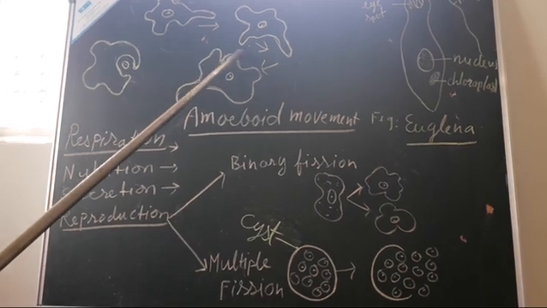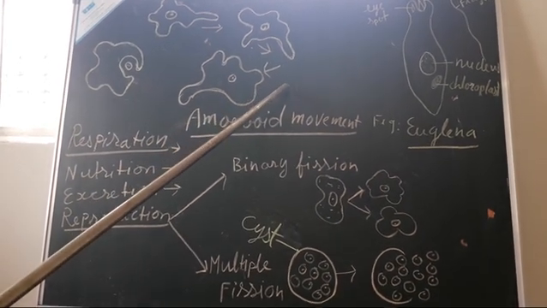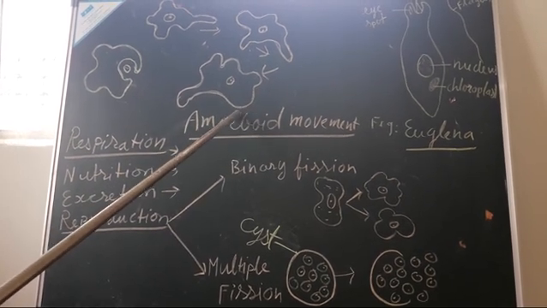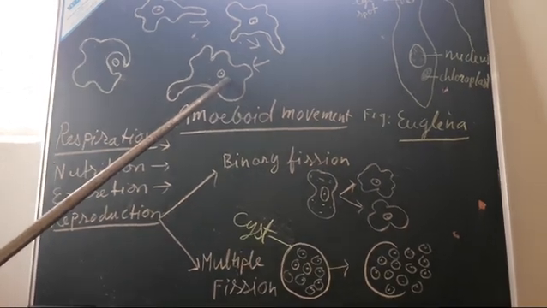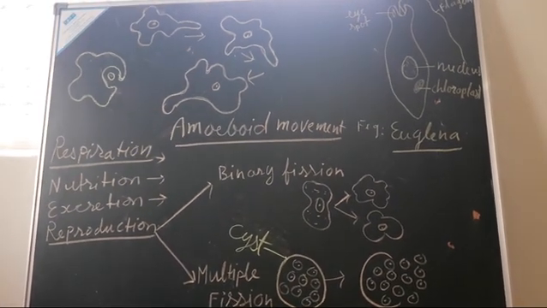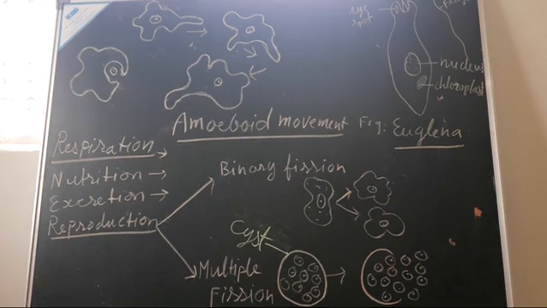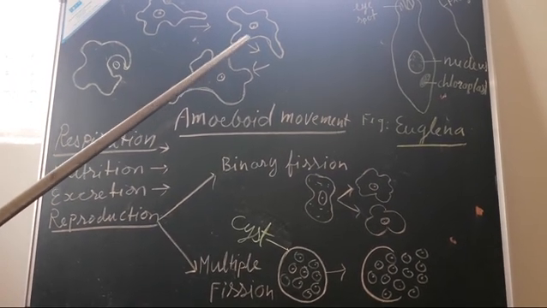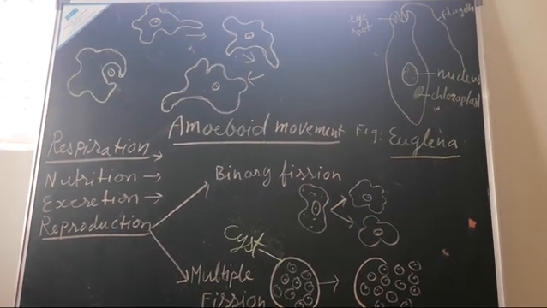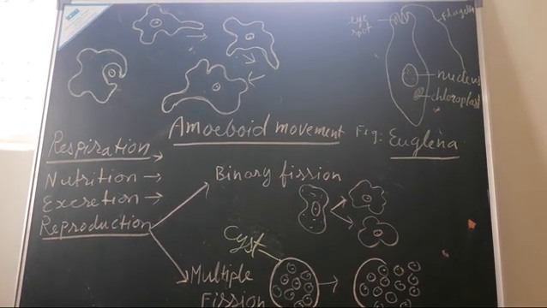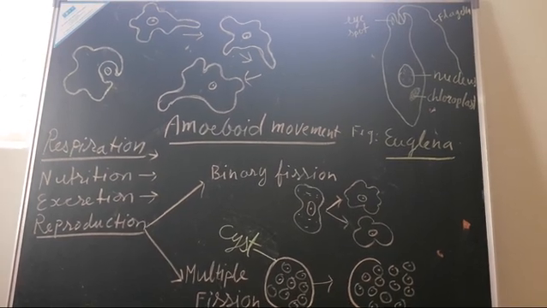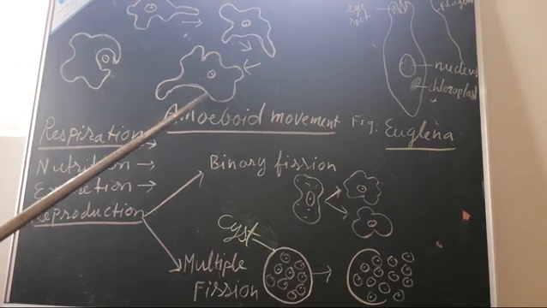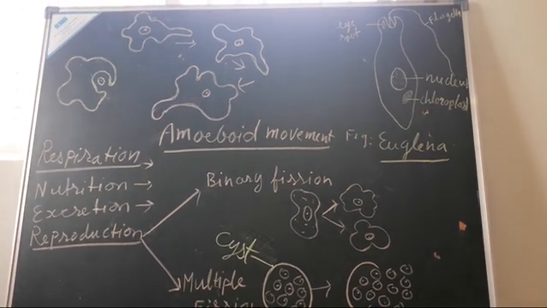And the oxygen dissolved in the water diffuses into the organism and it respires. Since these organisms live in fresh water like lakes or ponds, the dissolved oxygen diffuses during respiration through the cell membrane into the organism.